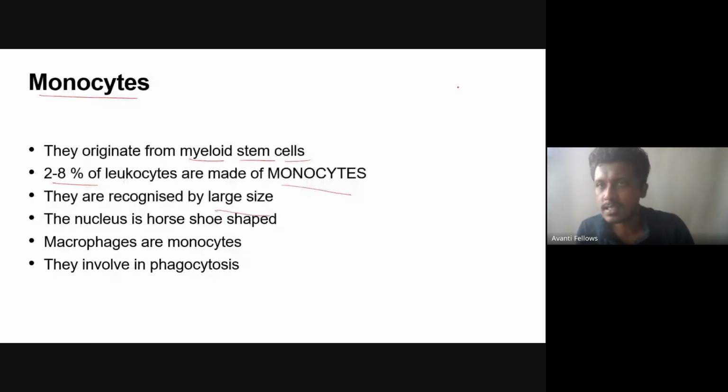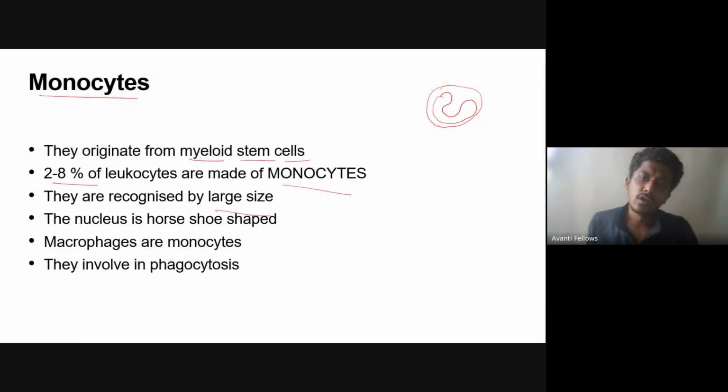Very, very important information is what is the shape of the nucleus of the monocyte. The nucleus of a monocyte is horseshoe shaped. So which type of immune cell has a horseshoe shaped nucleus? Your answer should be monocytes.